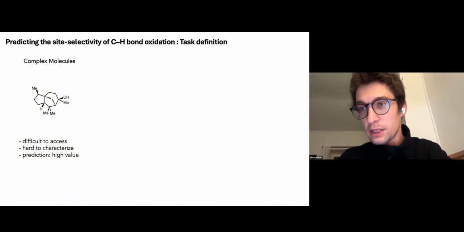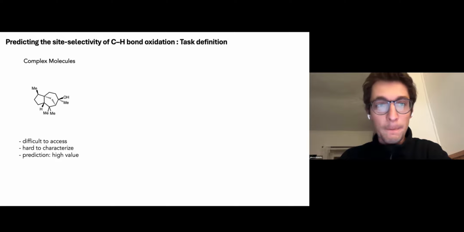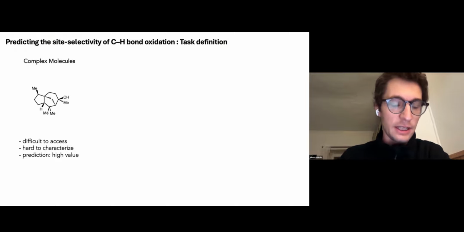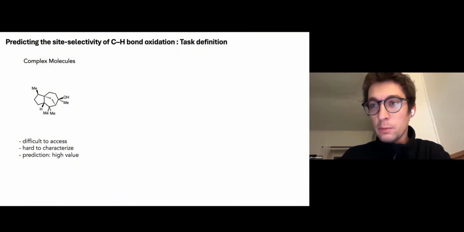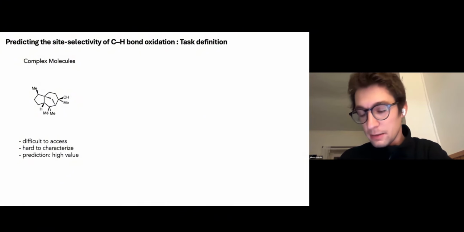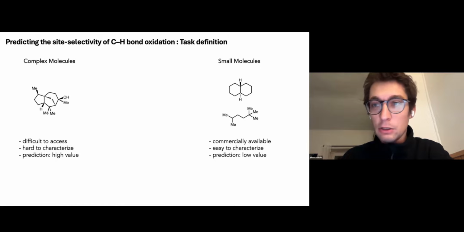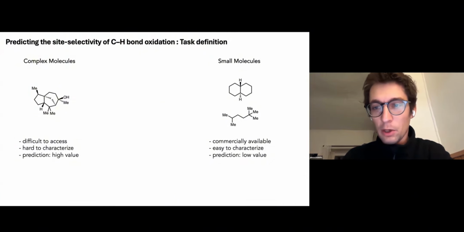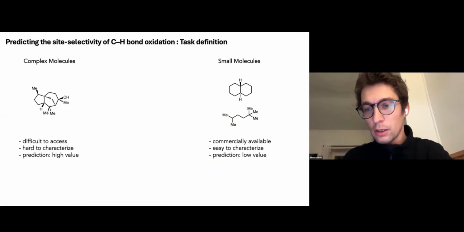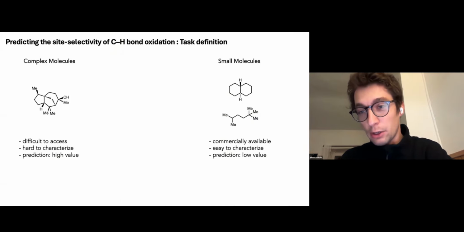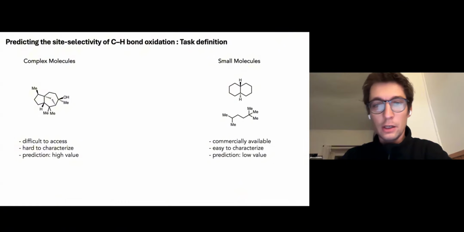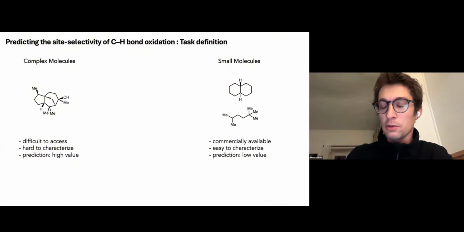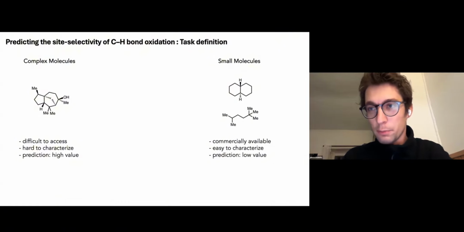So if you could make a model that predicts where you can oxidize them, in this case, so we're looking at CH oxidation reaction, it would be very useful for synthetic planning, for example. And the data we can access easily are small molecules that are commercially available, easy to characterize, but the prediction of site selectivity on these molecules is not very interesting because we could just perform the reaction.